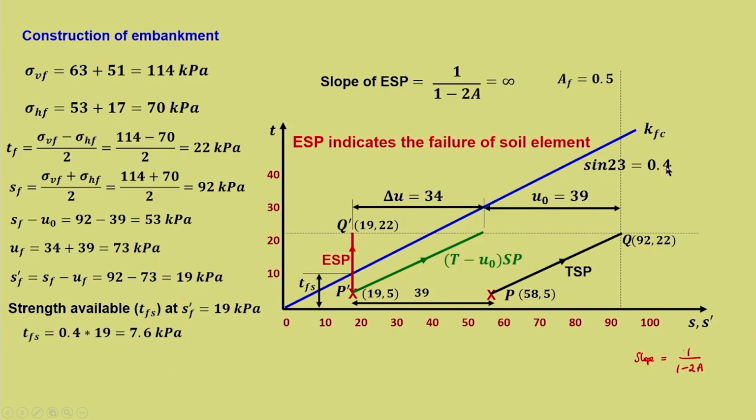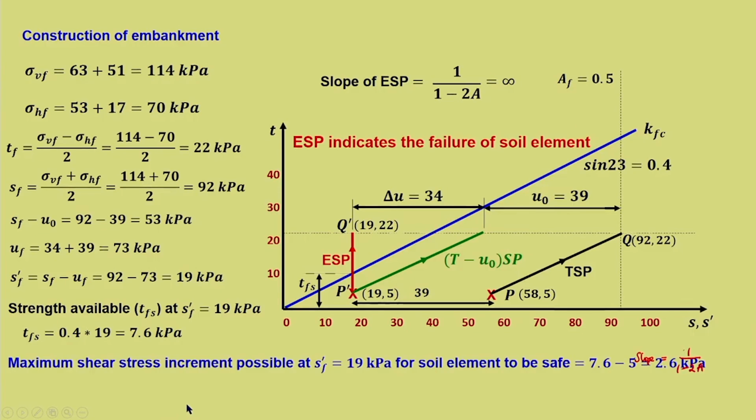Now, TFS is equal to, we know that the inclination is 0.4 into 19, this distance, that is 7.6 kilopascal is the strength available here. So, the maximum shear stress increment which is possible due to the construction of the embankment if the soil has to be safe is equal to 7.6 minus 5, which is equal to 2.6 kilopascal.